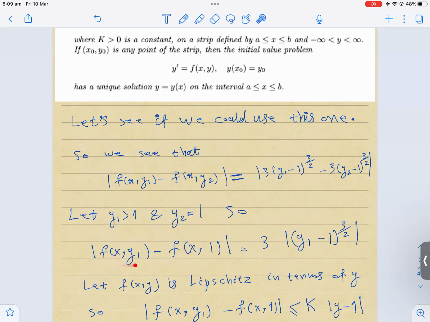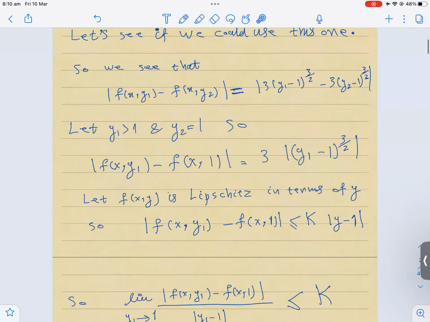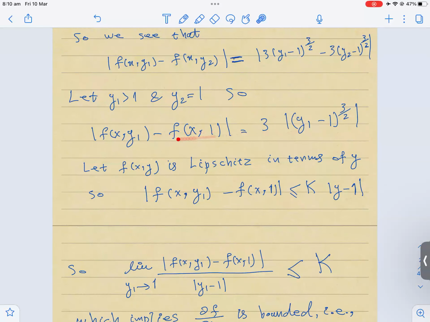So the left hand side will be like this. This expression will be 0 because if I substitute y2 equal 1, this will be 0. Now let's assume that f is Lipschitz, so it has the Lipschitz condition. So this part will be less than k times the absolute value of y minus 1.